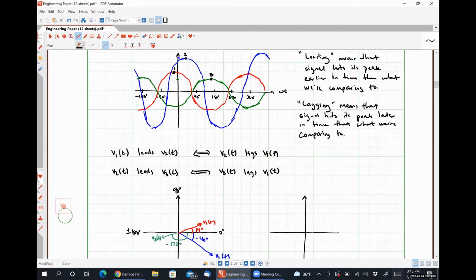So if you picked this point way over here, that would be an angle of 374 degrees, which is still going to show up at the exact same spot on our phase diagram, because it's just one cycle later.